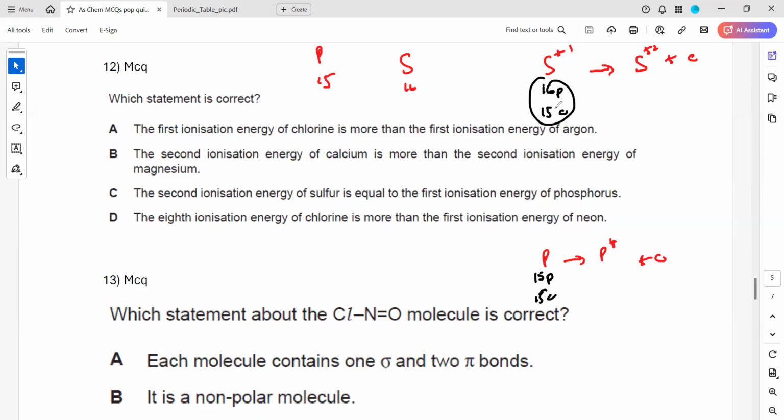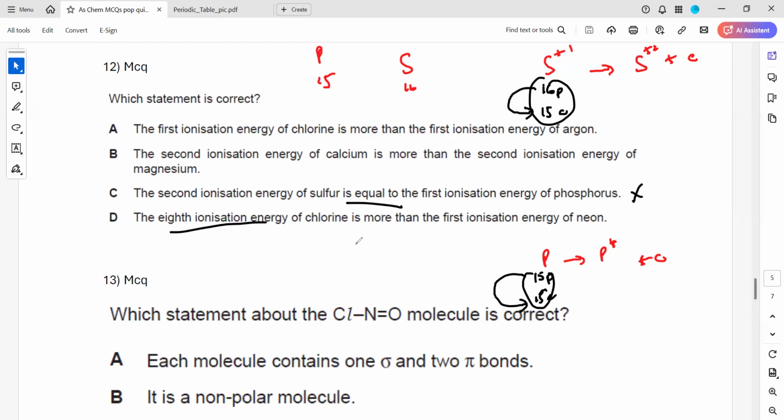So when you compare, here 16 protons are attracting 15 electrons. Here 15 protons are attracting 15 electrons. So to remove the electron from sulfur, we need more energy as compared to removing an electron from phosphorus. So the sulfur second ionization should be greater than phosphorus, but it is written as equal to. That's why this statement is also wrong.